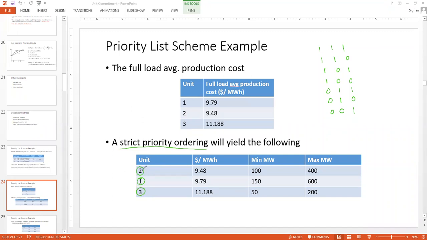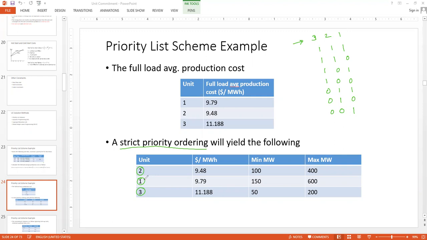Okay. So what does it mean? If we give the unit numbers here as 3, 2, 1 in such a manner, we can find out which combinations among the units we can actually consider for solving the problem according to the priority list.